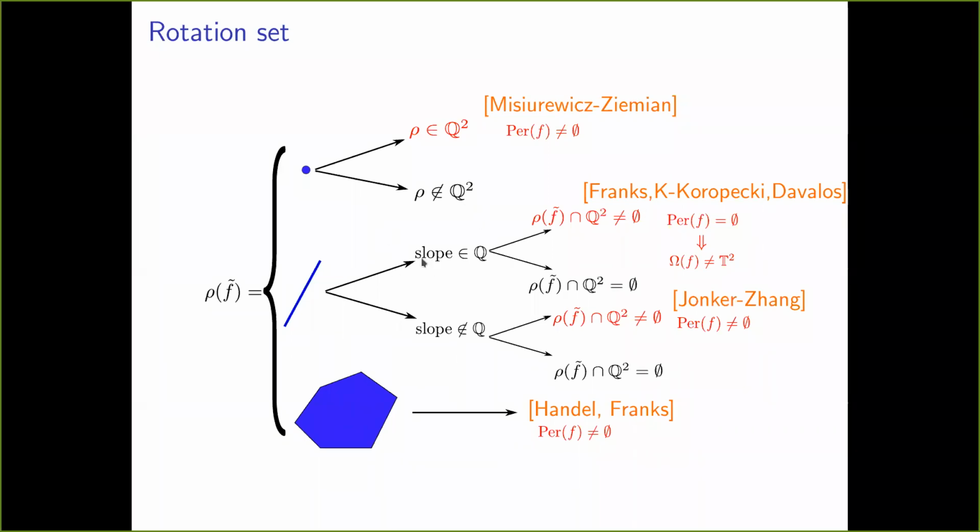Another case is when you have a segment with rational slope, and you have rational points there. Remember, this is the situation when I consider the skew product over the North Pole, South Pole dynamics, when we have a vertical segment and you have infinitely many rational points inside.